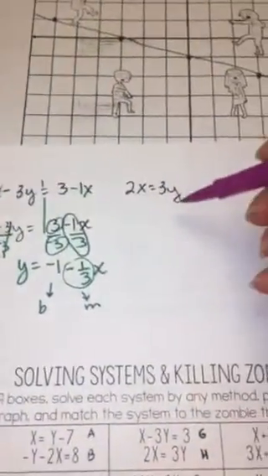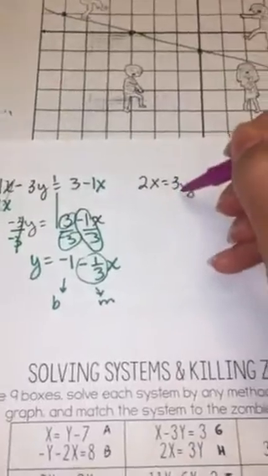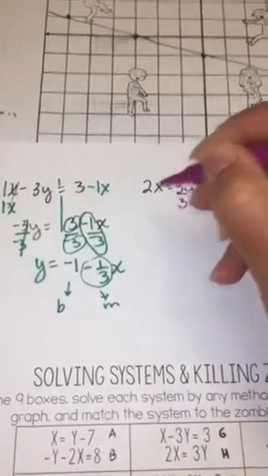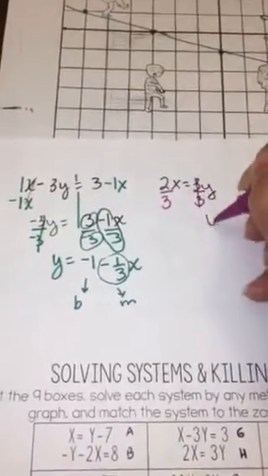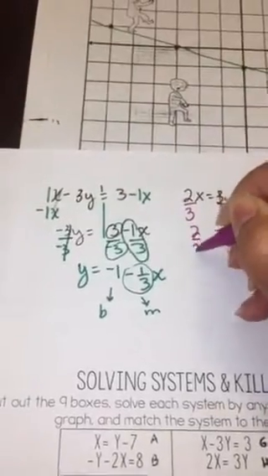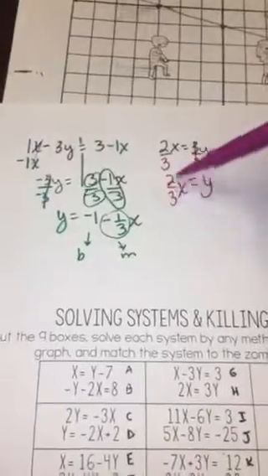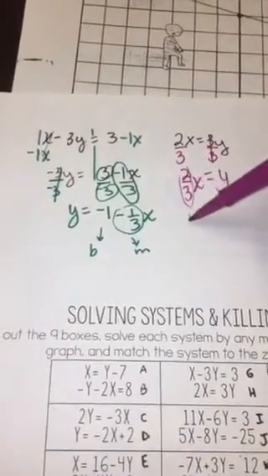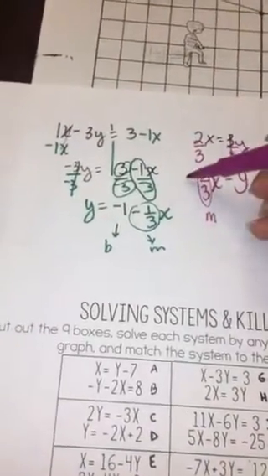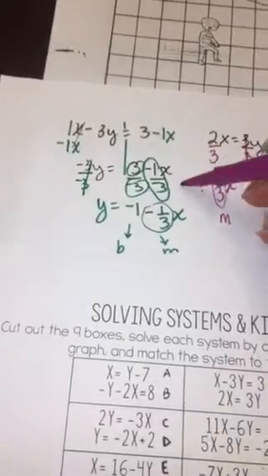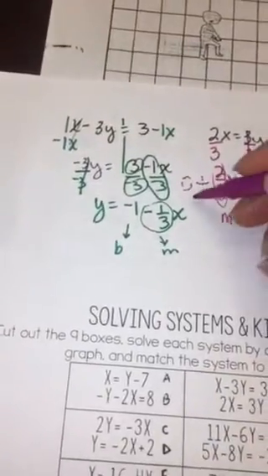I have to solve for y. So you see y right here is being multiplied by 3. I'm just going to divide both sides by 3. y equals 2/3 x. And as you can see, remember, the number next to x is your slope. Well, where's our y-intercept? It's not there because it's actually a 0, okay?